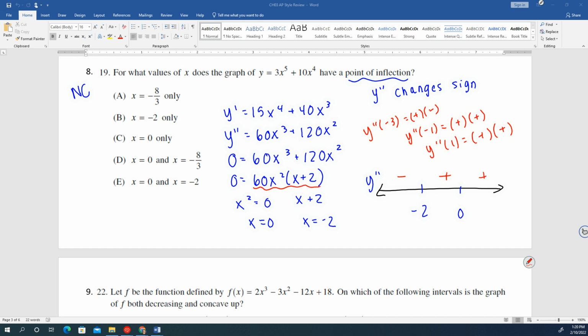So my only point of inflection is actually at -2 because the second derivative has to change sign. That's saying it's changing concavity. I don't really know if it's increasing or decreasing, I'd have to do the first derivative test. I know it's concave down, like a frown, here, and this is concave up, concave up. So there must be something where the second derivative is 0, but it doesn't change concavity. Okay, not bad.